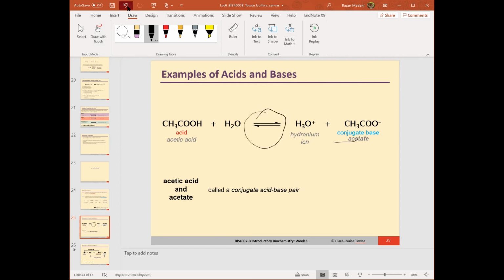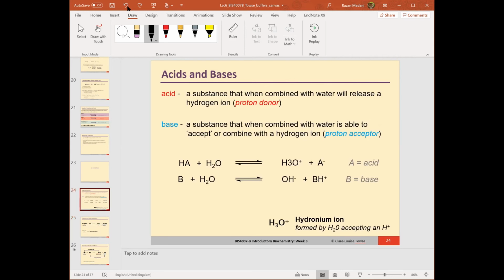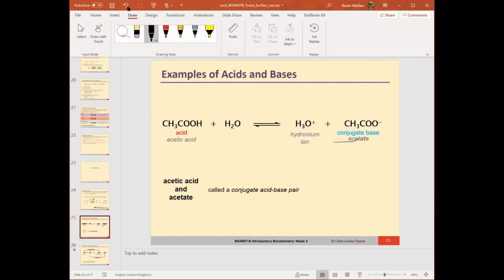So in the previous example, we only talked about going this way. But now, all of a sudden, we also have to think about how these right here donate or accept to these. So obviously, why do we say this is an acid? First of all, let's establish this way. It's an acid because it's going to donate the proton to the CH3COO.